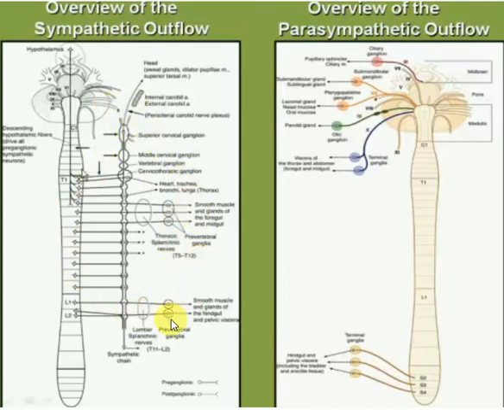For example, in an emergency situation where someone has to run, the heart rate has to increase, and the airways have to dilate in order to suck in more air into the lungs. Those responses are controlled by the sympathetic system. It will dilate the airways, increase the heart rate and increase the sweat.